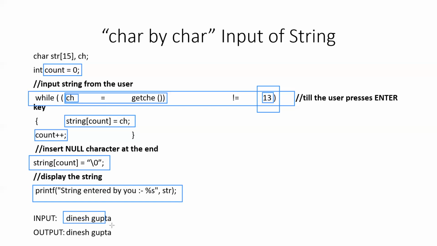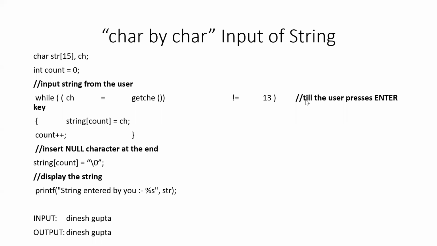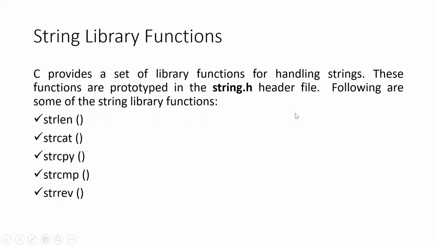Let us suppose the user enters DINESH space GUPTA and then presses the enter key. So all these characters one by one are stored in the string str, and then the same is displayed in the output. I hope the program is clear to you and you are able to understand how we can accept character by character input of a string from the user.